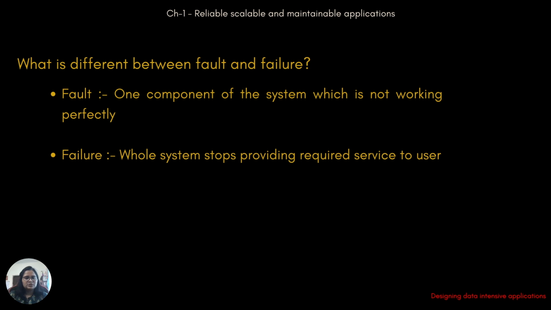A fault is usually defined as one component of the system deviating from its spec, whereas failure is when the system as a whole stops providing the required service to the user. It is impossible to reduce the probability of a fault to zero, and therefore it is usually best to design fault tolerance mechanisms that prevent faults from causing failures.